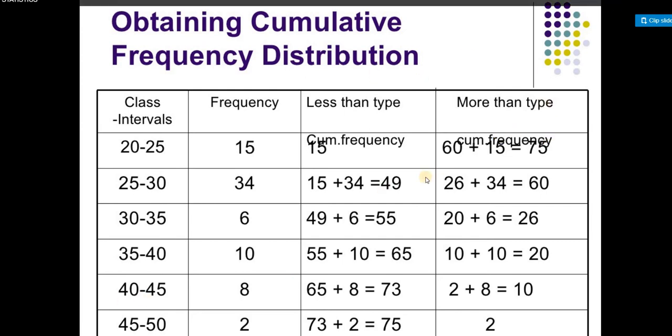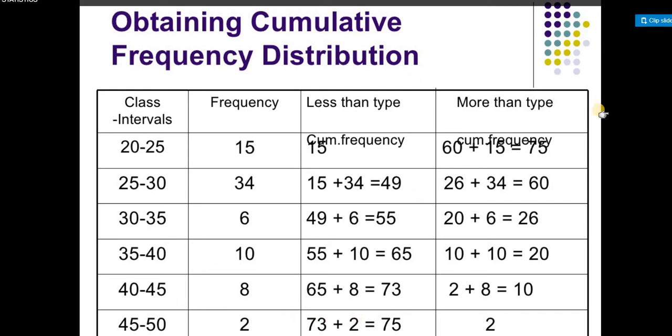Then 49 plus 6 gives 55. 55 plus 10, cumulative means we are adding. Up to the 30 interval the frequency is 49. Then 49 plus 6, 55 plus 10, 65 plus 8, 73 plus 2. We will get the less than type.